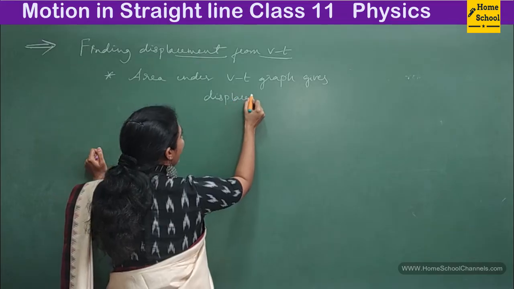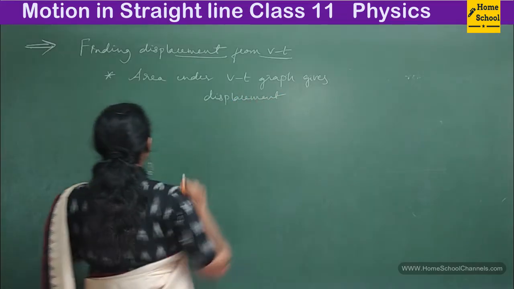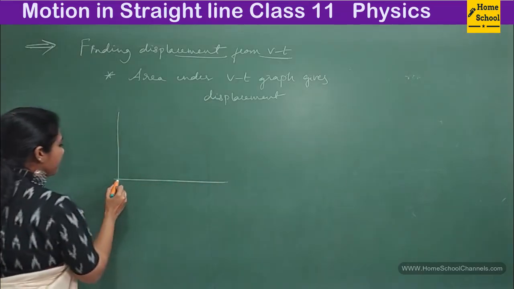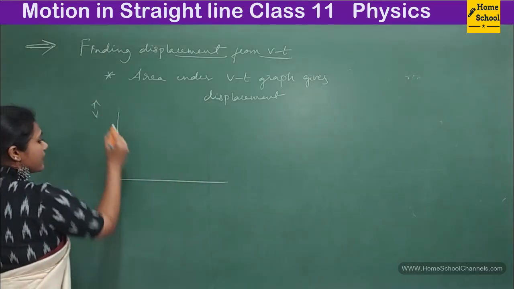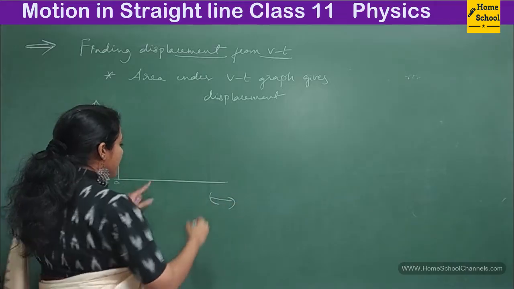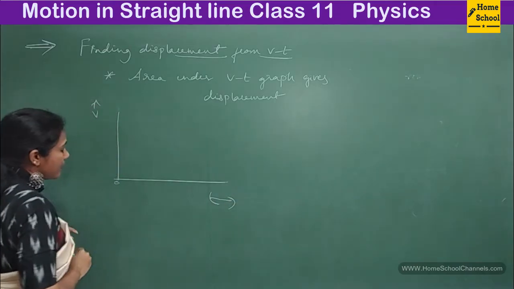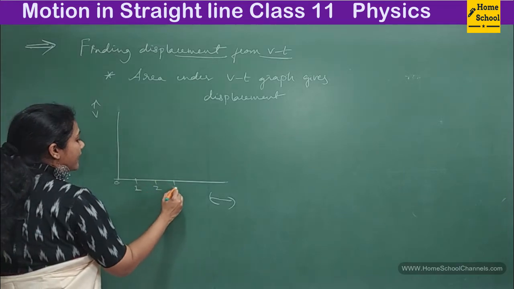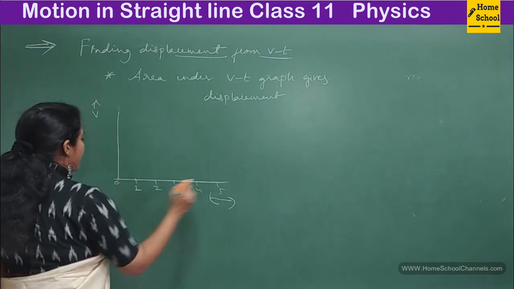So let us see how we can find that. Imagine we have a VT graph. V is on this axis and T is the horizontal axis, and let the time be 1 second, 2 second, 3 second, 4 second and 5 seconds.